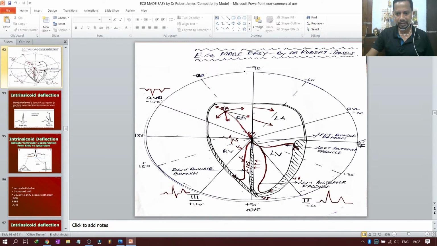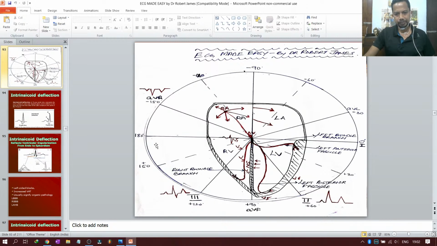Lead 1 is not very happy, current is going away from lead 1, because the left bundle branch is sending the current like this. So lead 1 is negative, and you draw at 180 degrees. So the axis has come in the RAD quadrant, the right axis deviation quadrant, plus 90 to 180 degrees.